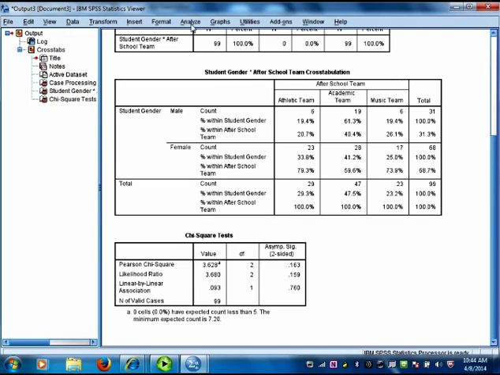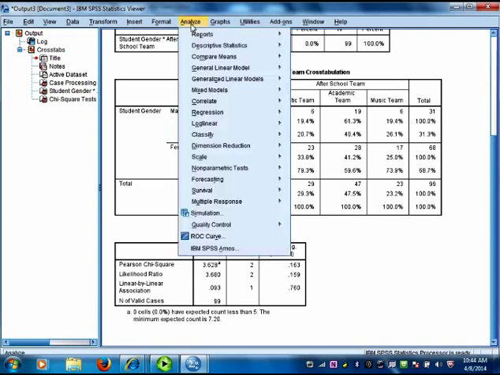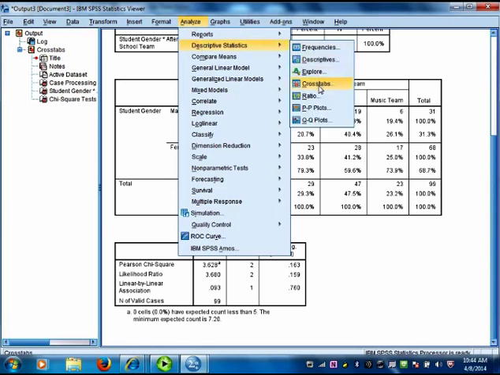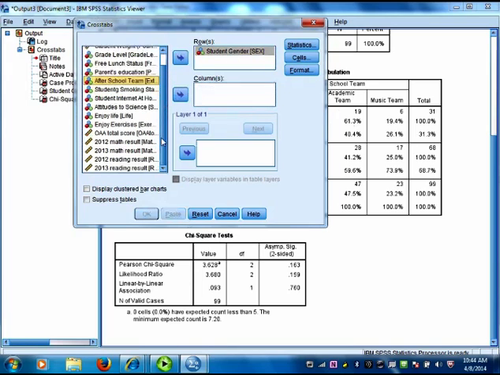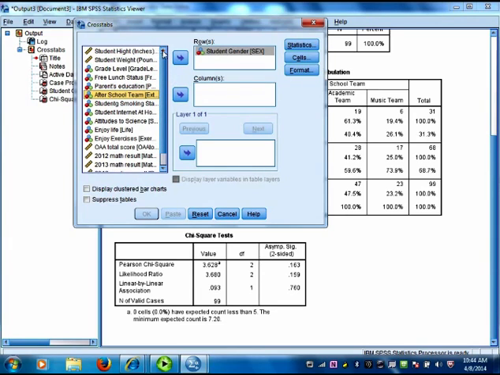For example, you can also do something else if you want to. So you can say, I want to look at whether there are significant gender differences, and what else do we have? What are other variables we have as categorical variables?